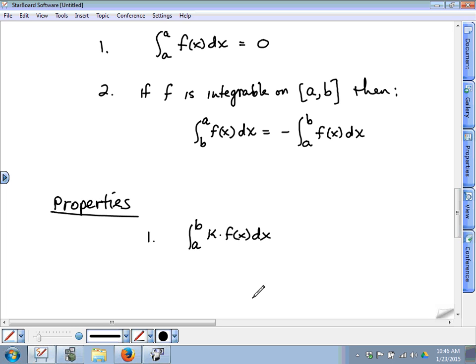K is a constant. What do we usually do with them? We take them out. If the constant's multiplying the function, you just pull it out. So this equals k times the integral from a to b of f of x dx. Okay.